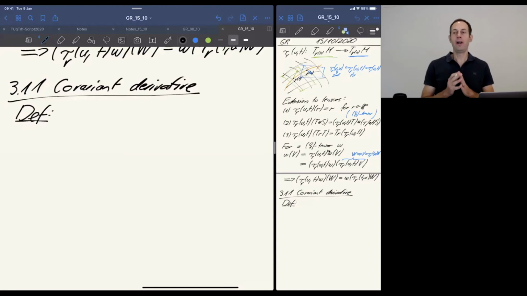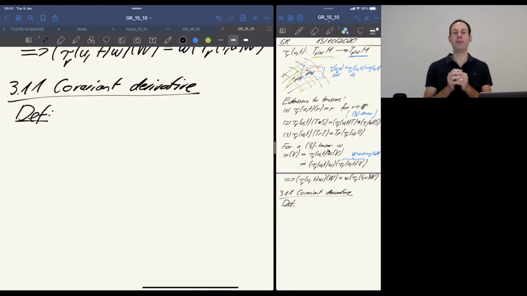Now in GR we work with space-time, and in addition we work with arbitrary coordinates. You may have curved coordinates, and in these curved coordinates a derivative may no longer look like a partial derivative in the usual sense. If you just take the partial derivative with respect to a coordinate, that's not something that is independent of the coordinate system.